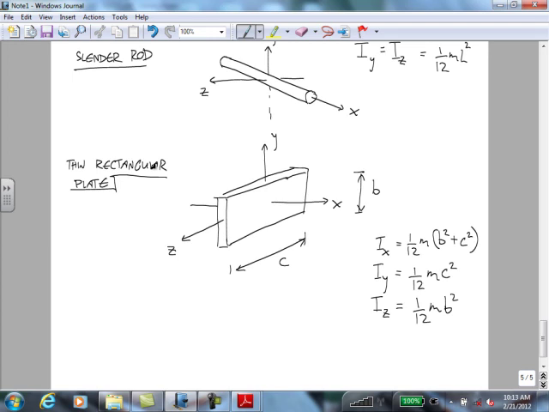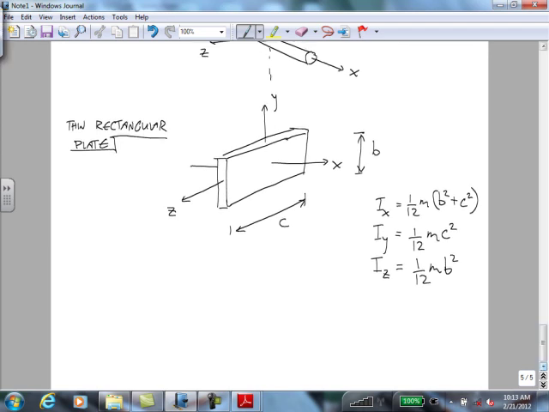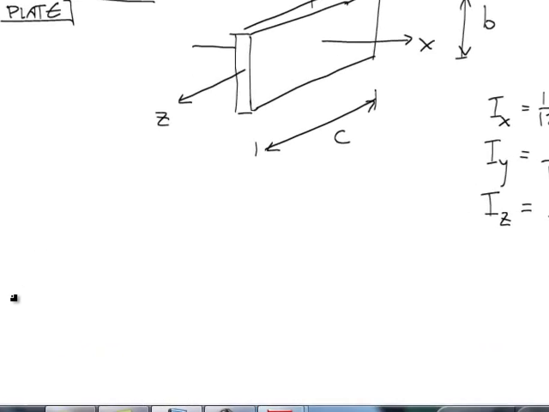Okay, thin disk. Does it have to be thin? It has to be.